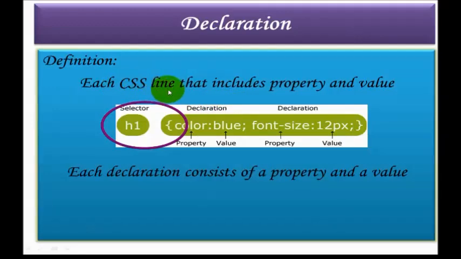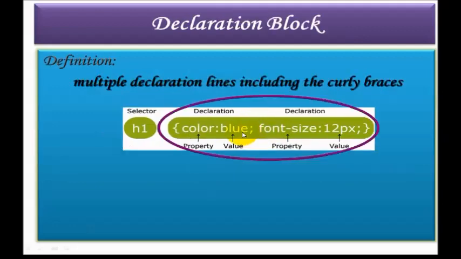Each CSS line includes a property and value. Here you can see the selector will have property-value pairs. This is a property, colon, value, and between the pairs we use a semicolon. Multiple declaration lines are enclosed in curly braces. Whenever you start any style, you use an opening curly brace, and at the end a closing curly brace.